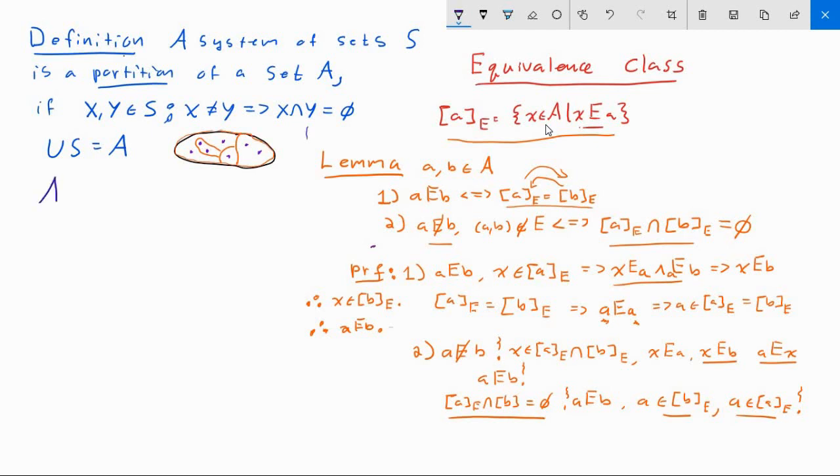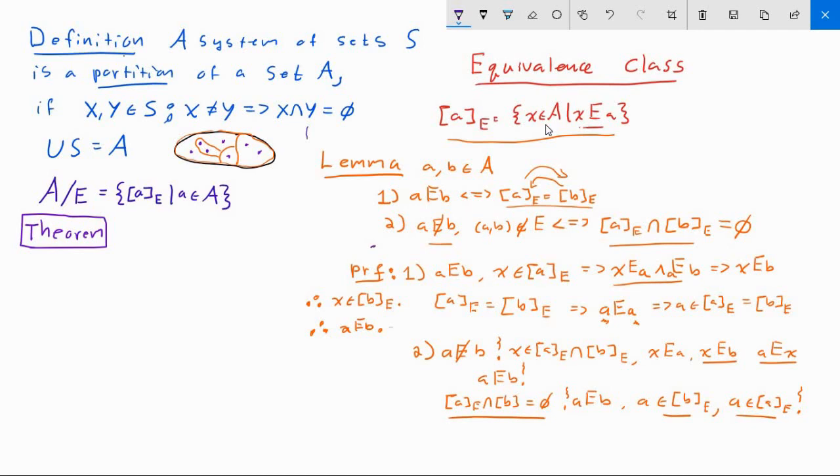Now, in the case that we have some set A, and we have an equivalence relation on A, we form what's called the quotient set, which we sometimes simply say A modulo E, the equivalence relation E, again as a reflection of the integers mod n. This is going to be the set whose elements are equivalence classes of the relation for all elements belonging to the set A. And this leads us to the first of a couple theorems that connect the notion of partition to the notion of equivalence relation.